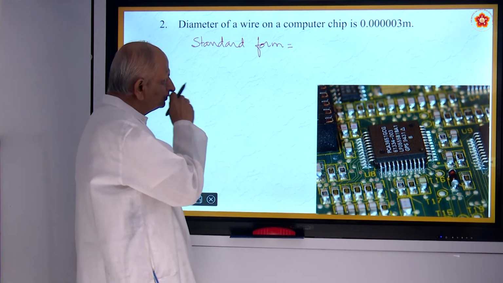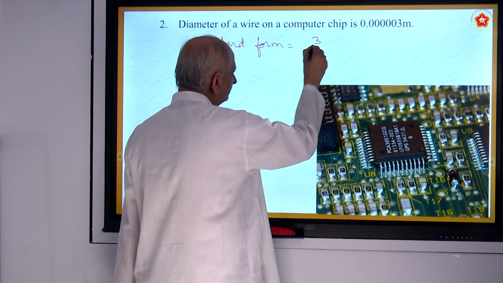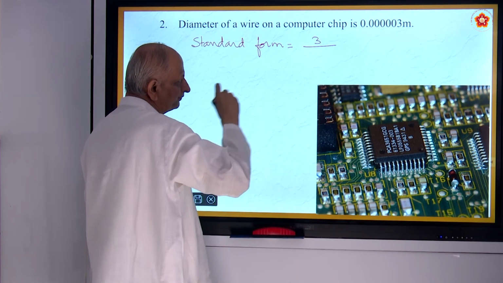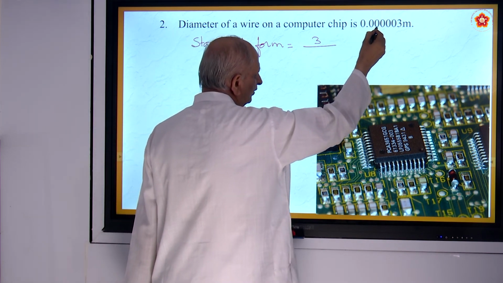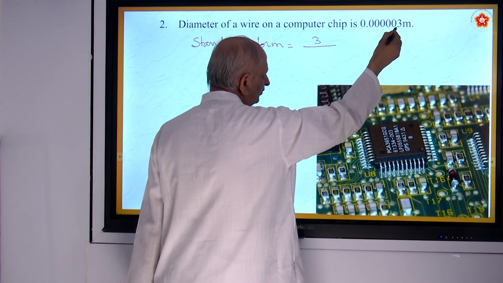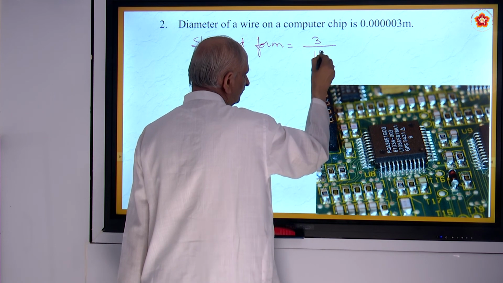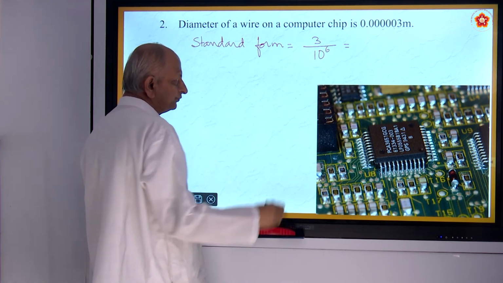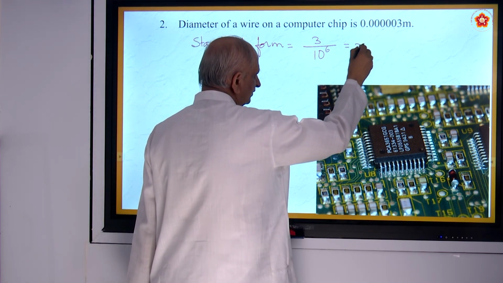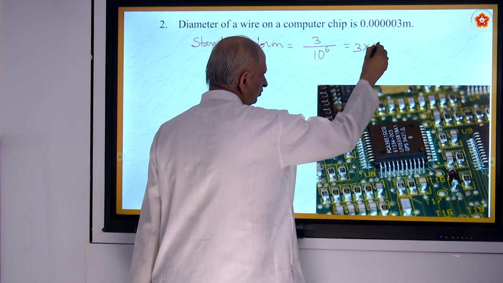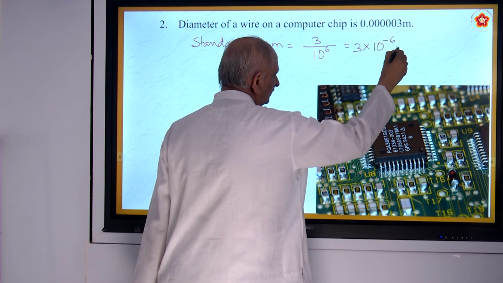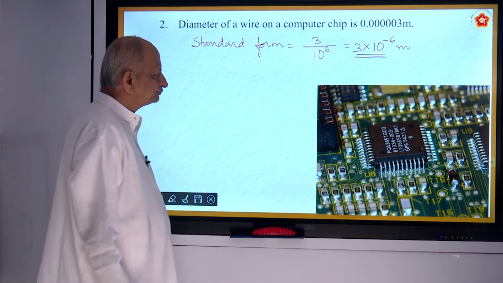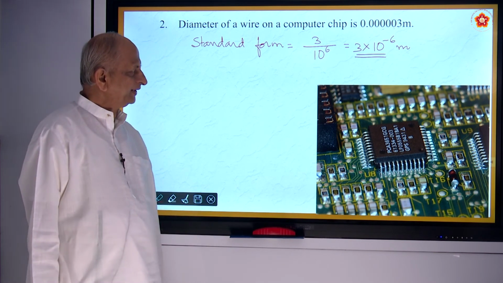So now the standard form will be, you must write 3, that is 1 to 10 you have to write. And how many? 1, 2, 3, 4, 5, 6, 10 to the power of 6. So by the law, you can write it as 1 by a to the power of m is equal to a to the power of minus m, so much of meters, correct?